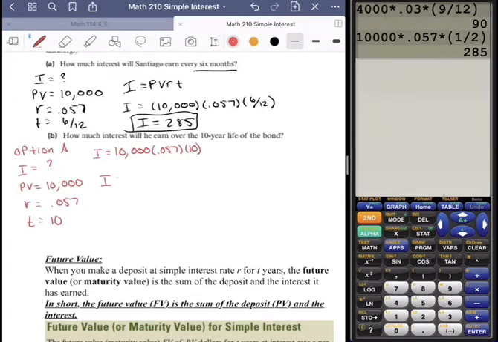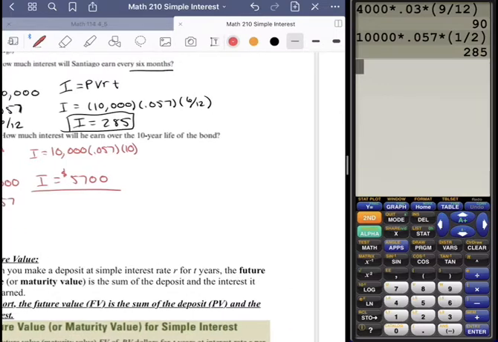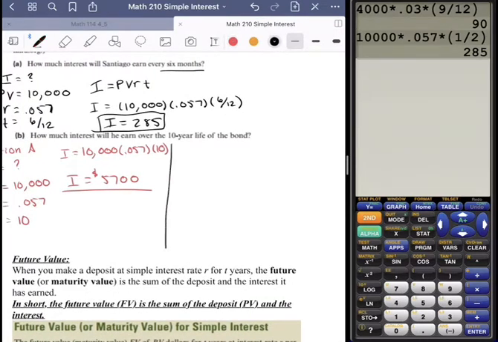So that means that interest is equal to $5,700. Option B for this problem would be a more logical way. We already know that for 6 months, the interest will be $285.